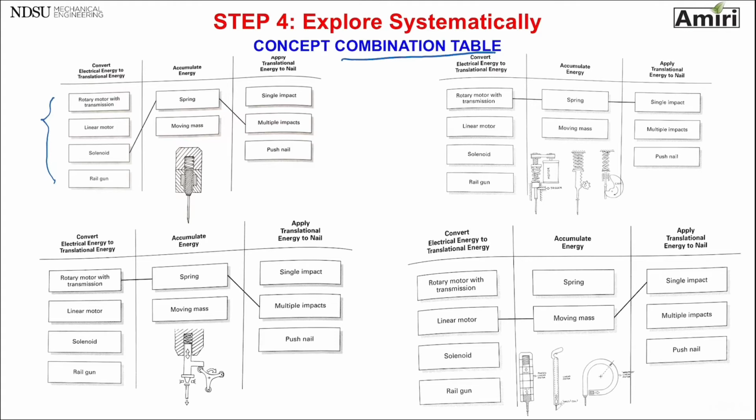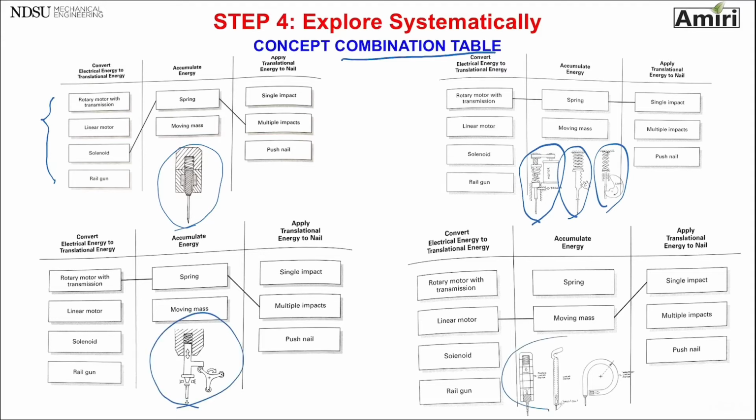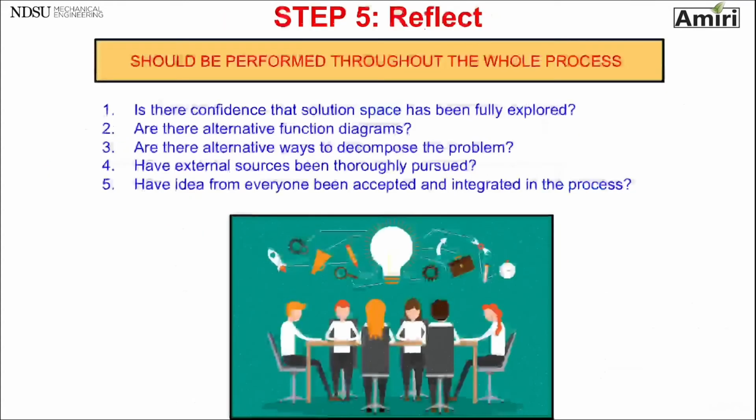So they combined a solenoid to a spring to multiple impacts, and they came up with one design like that. They did a rotary motion, spring, and a single impact. They had 3 ideas for that, and so on. So you can see by combining these, you can come up with so many different designs and ideas for those sub-problems.